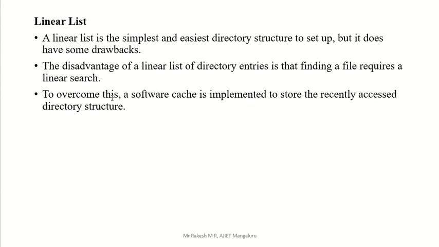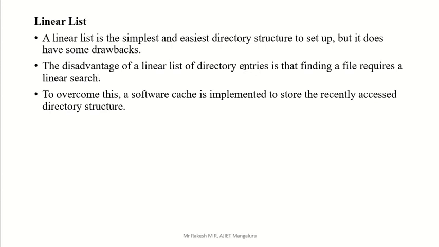To overcome this, a software cache is implemented to store the recently accessed directory structure. The software cache is a cache memory that stores whichever files were recently accessed. We store that information in the cache, and by that we can reduce the linear search.